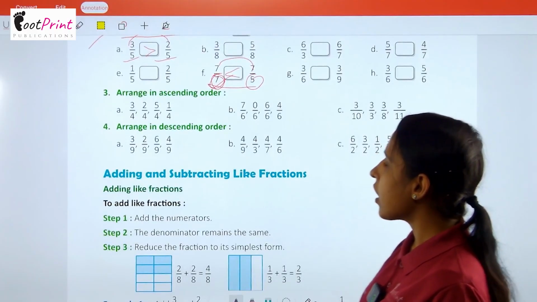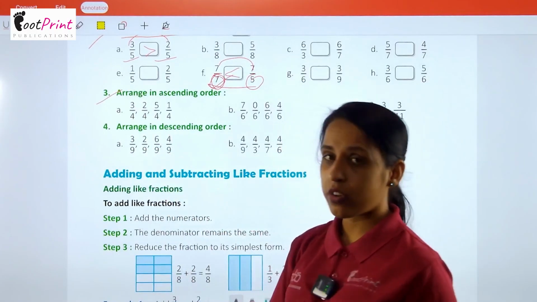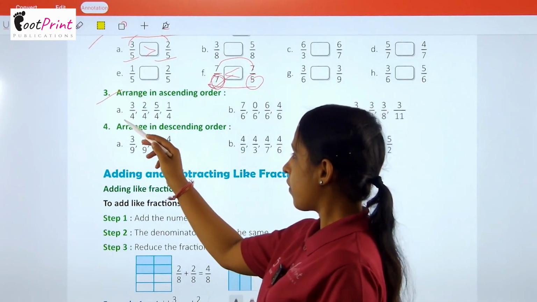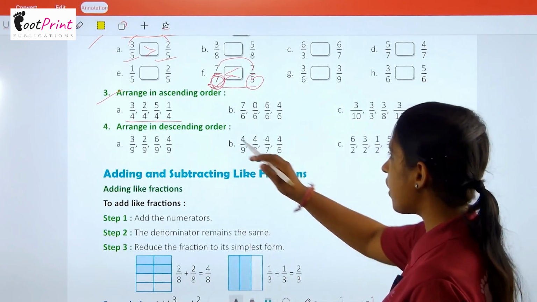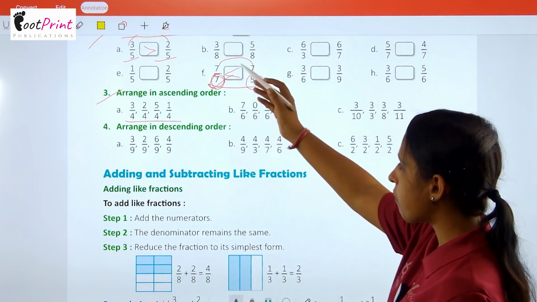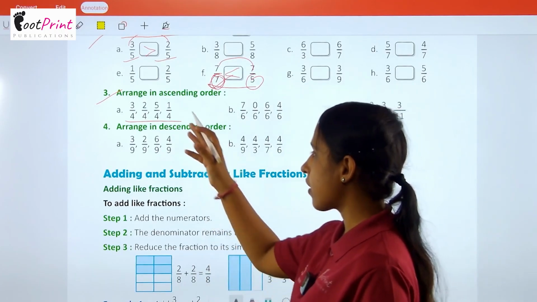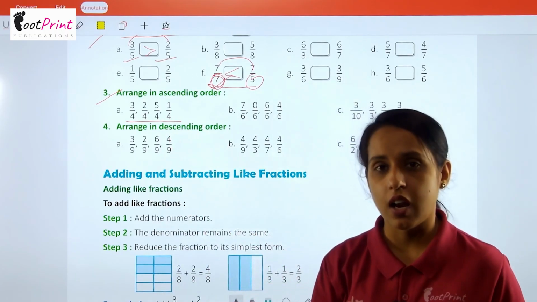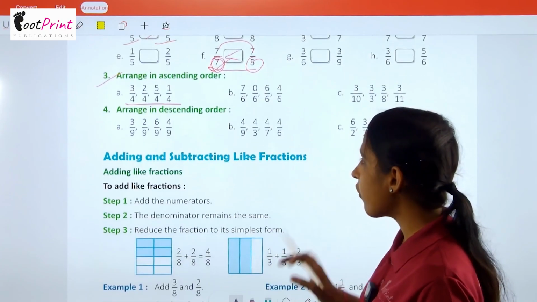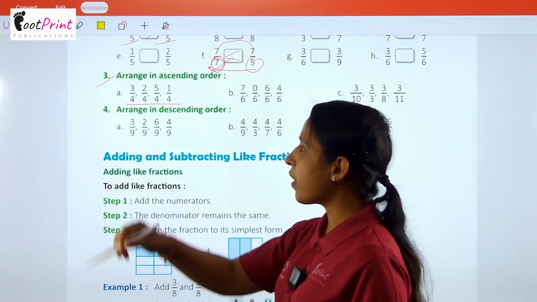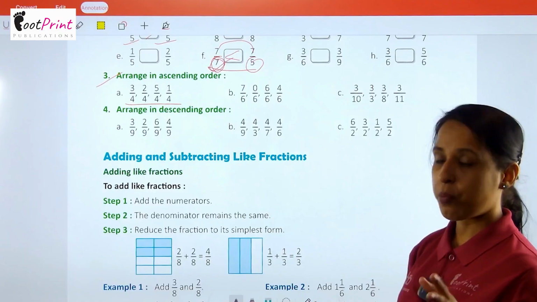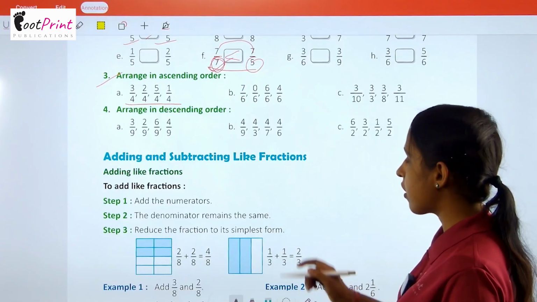Now arrange in ascending order. So how do we arrange in ascending order? Let's do. Here 3 by 2, 2 by 4, 5 by 4 and 1 by 4. And we know that if denominators are same, it means these are like fractions. So how do we compare it? We will compare its numerator. So we have to arrange it in ascending order.